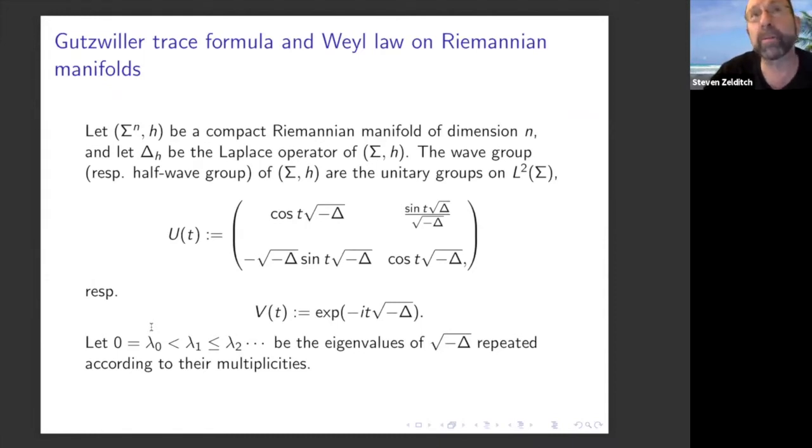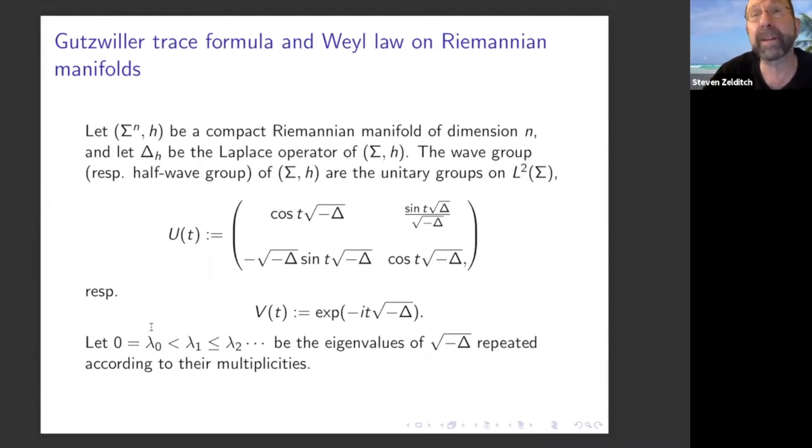There are two different ways to study the wave group. You can study this 2x2 matrix wave group, which I call U of t, or you can study this scalar V of t. U of t has the advantage that we only have even functions of the square root of the Laplacian appearing in the matrix.